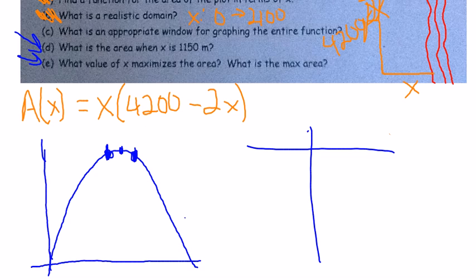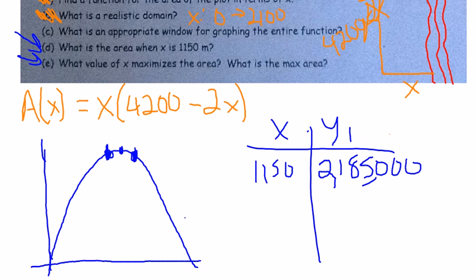I'm going to go into my table, and under x and y1, I'm going to type in 1150 and hit enter. And it gives me something with an E. If I scroll over and look over top of it, it says 2185000. So I have my commas. I should also add meters squared.